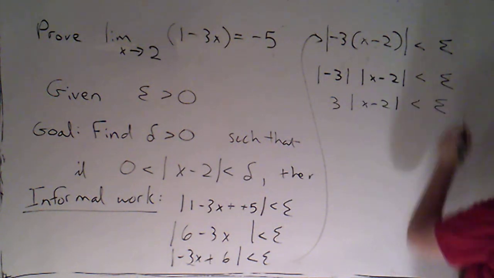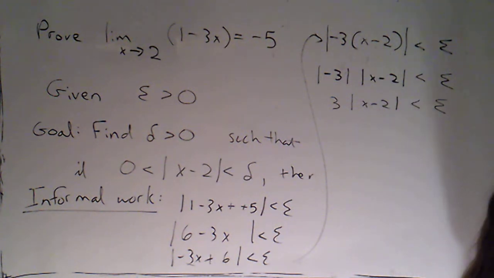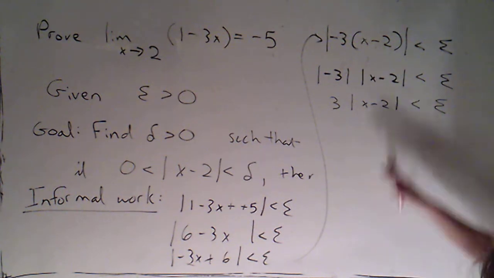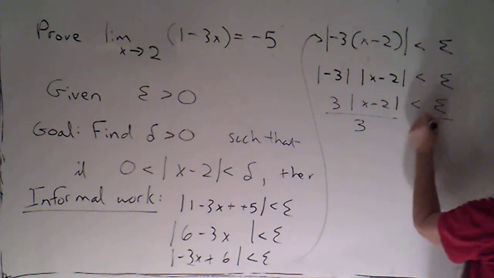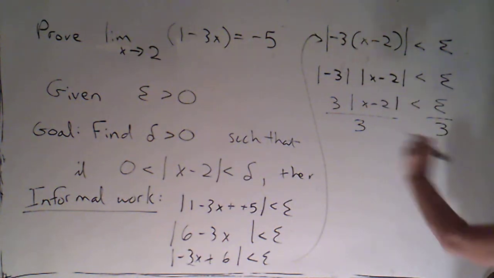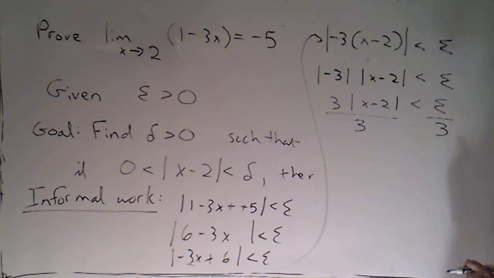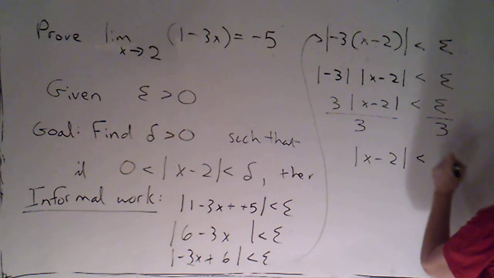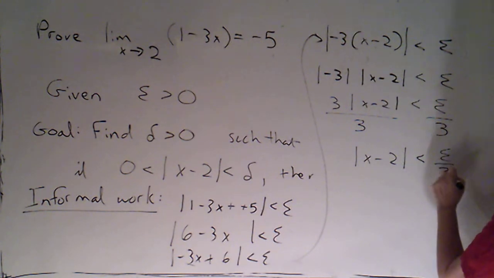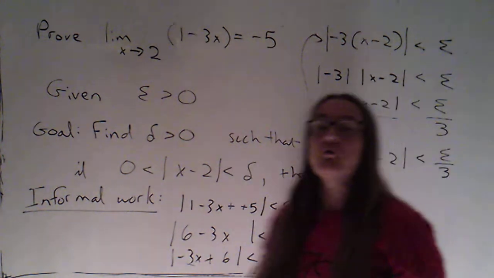That's the thing that I'm going to want to be less than epsilon. So what I'm going to do is divide both sides by 3. Very pleased that that's a positive number I'm dividing by so that the inequality doesn't change. And I get the absolute value of x minus 2 needs to be less than epsilon over 3.